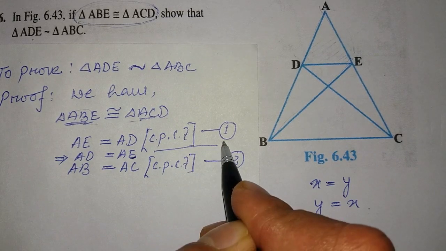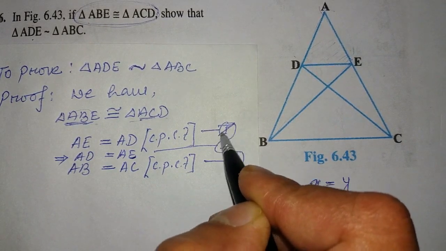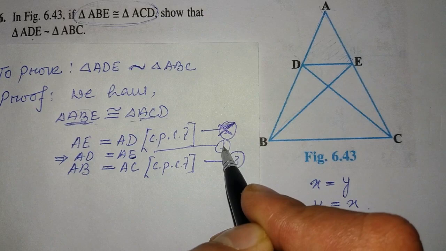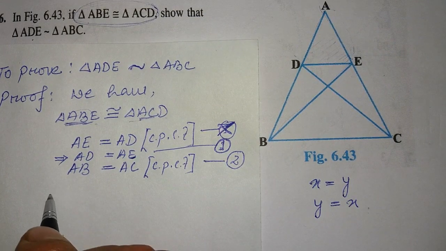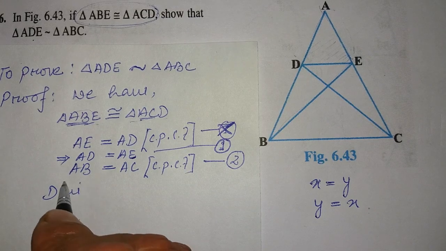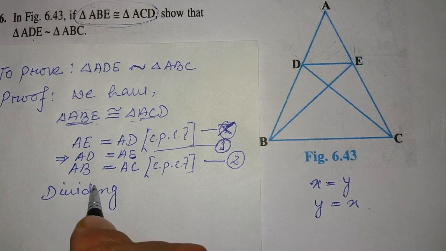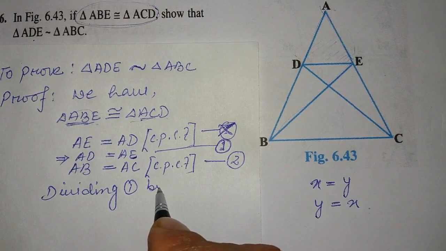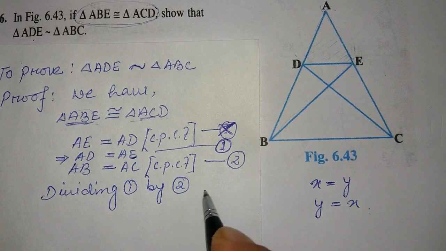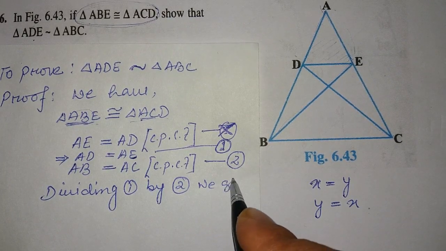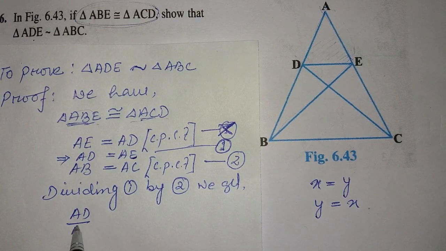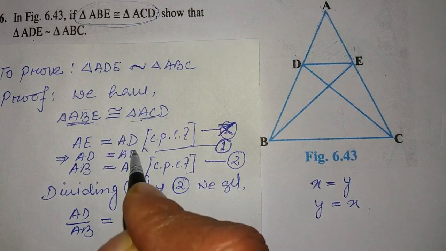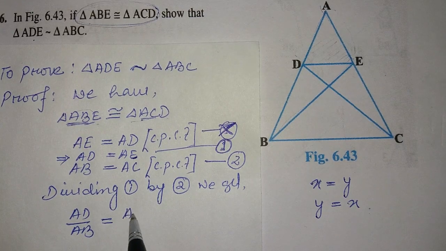So this is equation 1. Now dividing 1 by 2, we get AD by AB is equal to AE by AC.